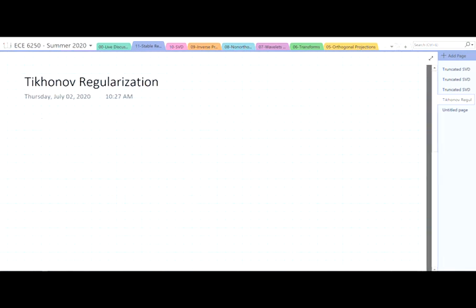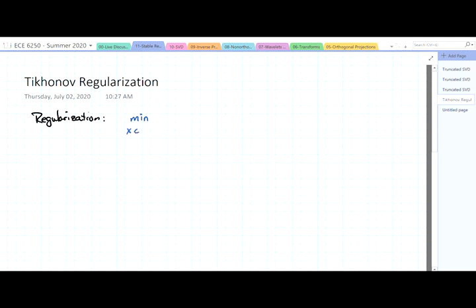So let's talk about regularization in general first. Regularization is when you put some kind of a constraint, usually associated with a prior belief, on your solution.